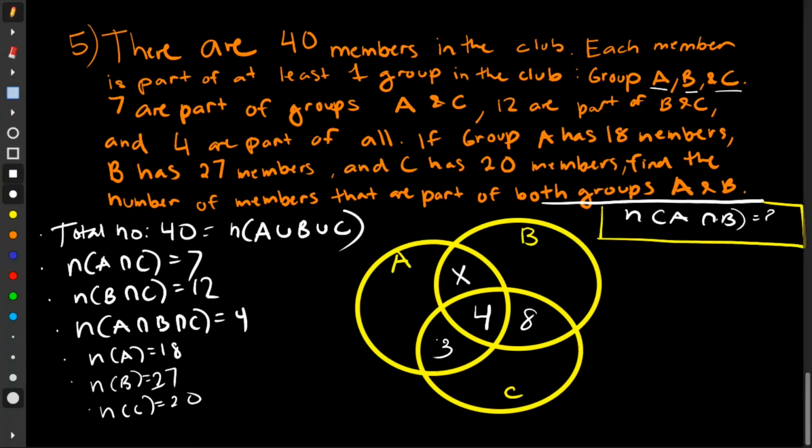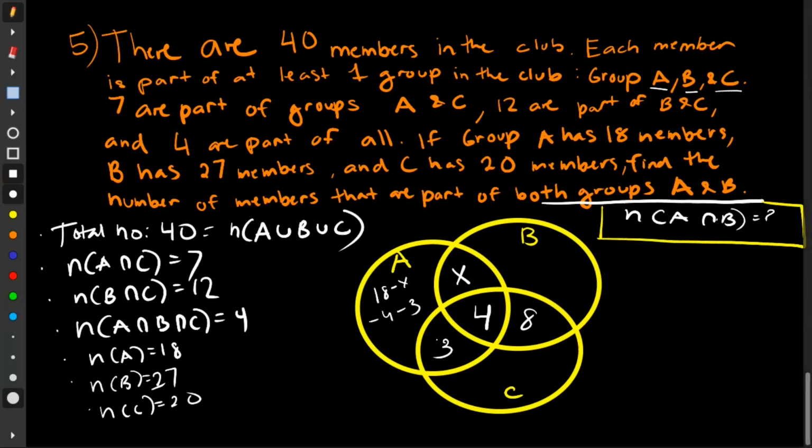Now we also have the next part, which is, since this is only this 3 are the only one left. So we have A contains 18 elements. Since this one refers to the whole set A, then A is equal to 18 minus X minus 4 minus 3.